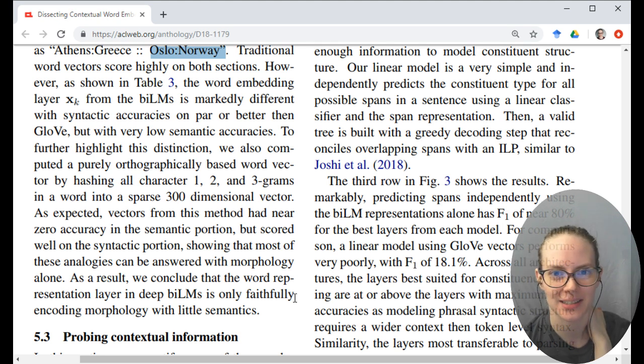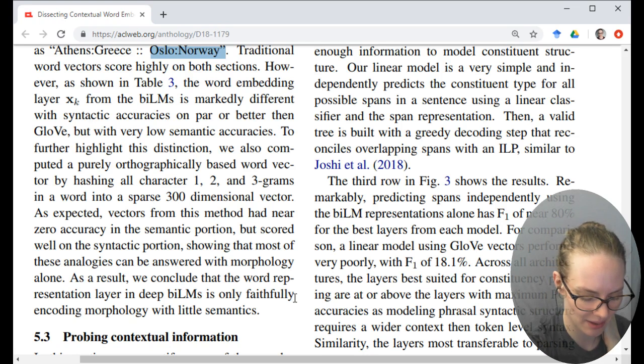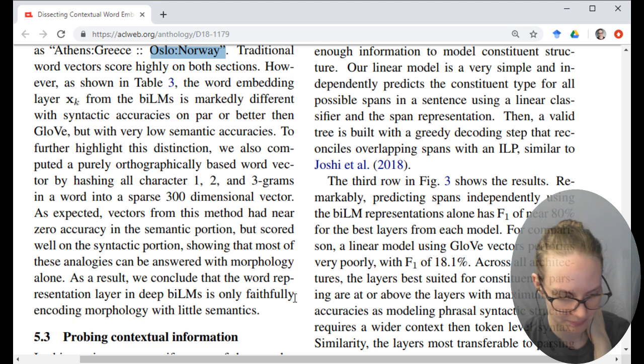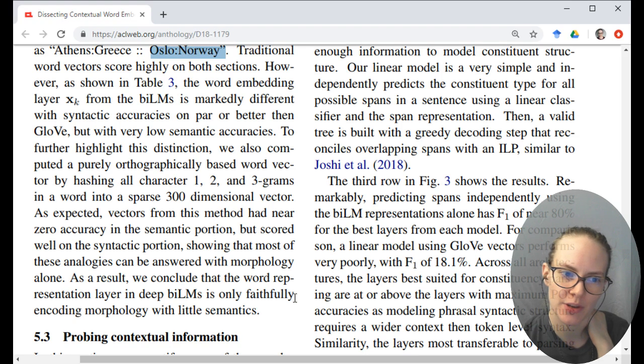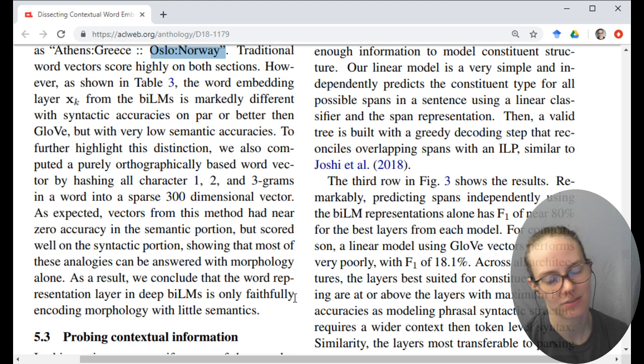Yeah, so I would like to see this done cross-linguistically, because English has very impoverished morphology. We don't have an especially large set of morphemes or grammatical information that we can encode using morphemes.